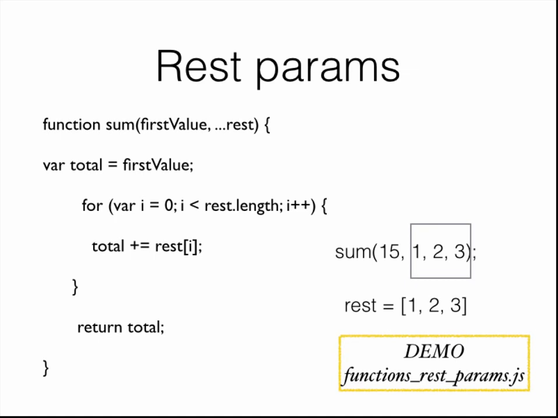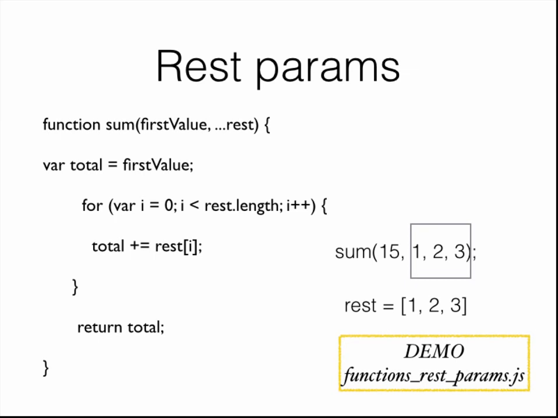So rest parameters work with the ellipsis or three dot syntax, and basically they will be getting the rest of the arguments. For example, here we have a function call sum 15, 1, 2, 3. Okay? What I want to do is to collect these remaining arguments in a single array. For that, I define a function called sum.